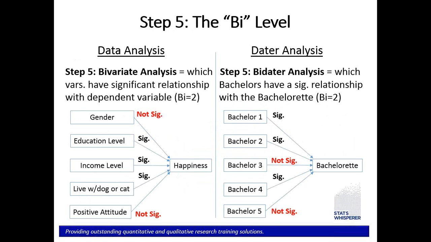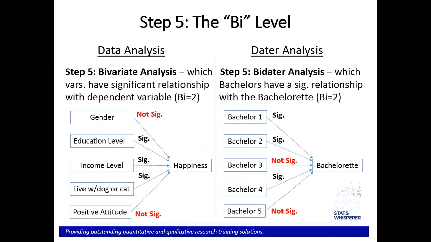Now recall, step 5 in our parallel between The Bachelorette and data analysis is the by level. In bivariate analysis, bi meaning two daters, the bachelorette is considering who she has a significant one-on-one relationship with.